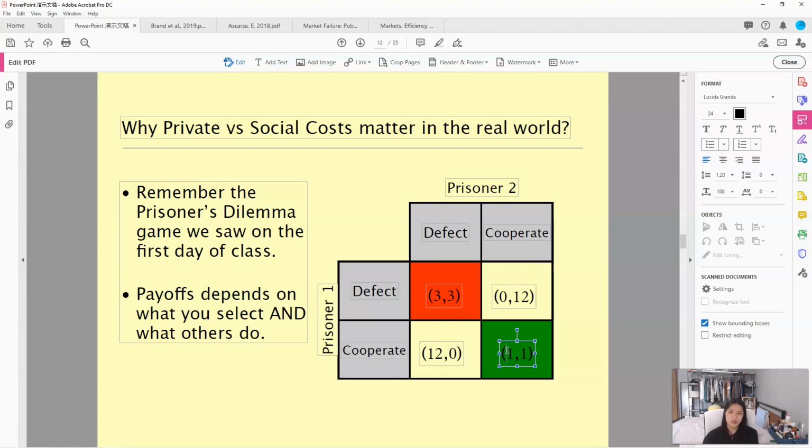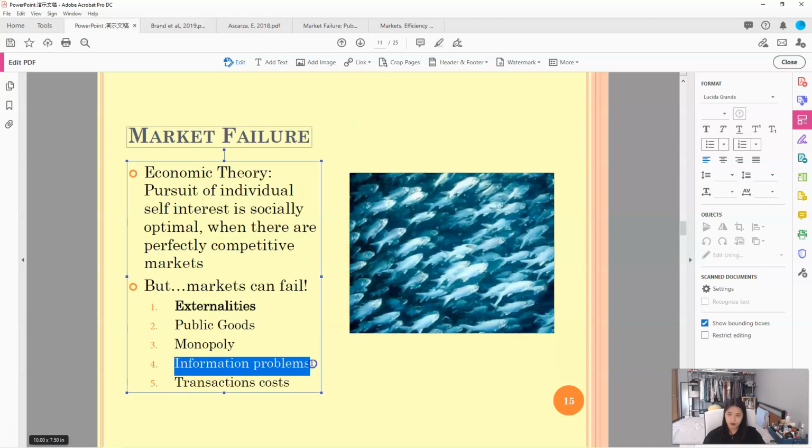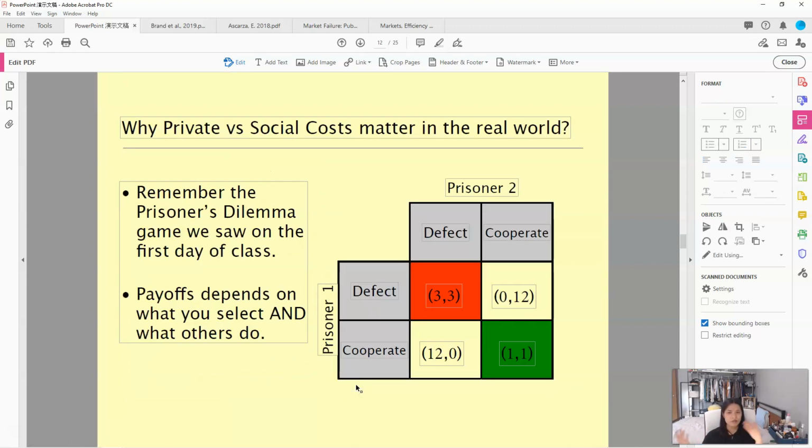So in this case, the individual optimal level is not equal to the social optimal level. We can say the market fails, due to the information problem. They cannot get the information from the other person.